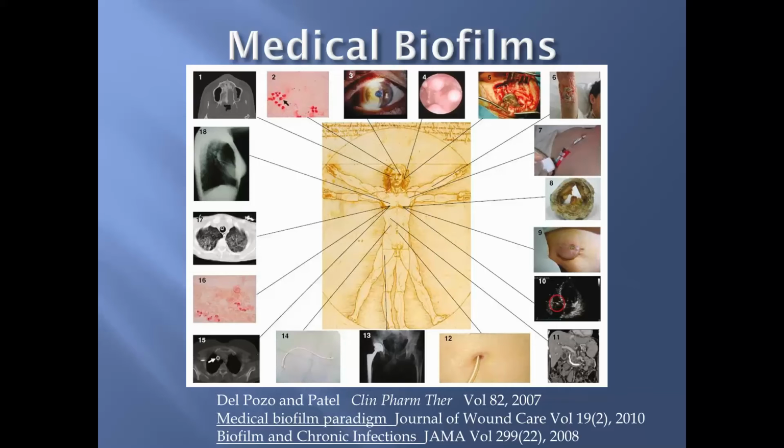Infected hardware of any kind in 13, cystic fibrosis, COPD, any stone like in panel 8, gallstones, kidney stones in panel 11, show that biofilm can infect any tissue of the body.